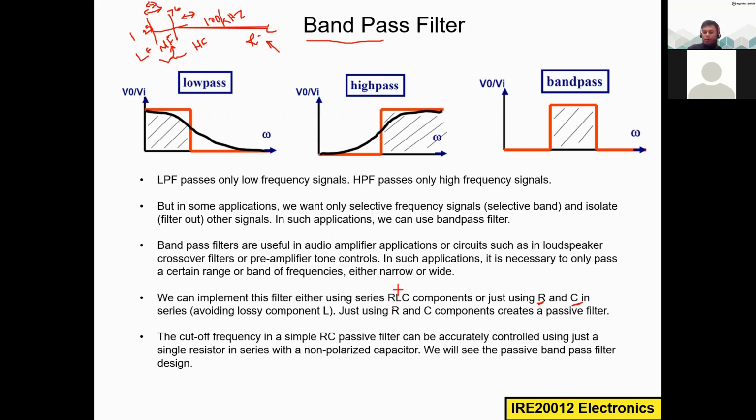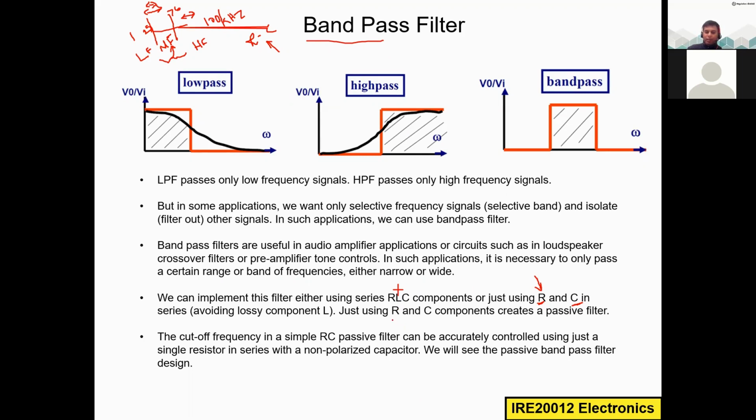Of course, it's better to avoid this in the circuit because the loss is heavy and also the cost is high in inductors. So we can only use R and C passive components and design this band pass filter.